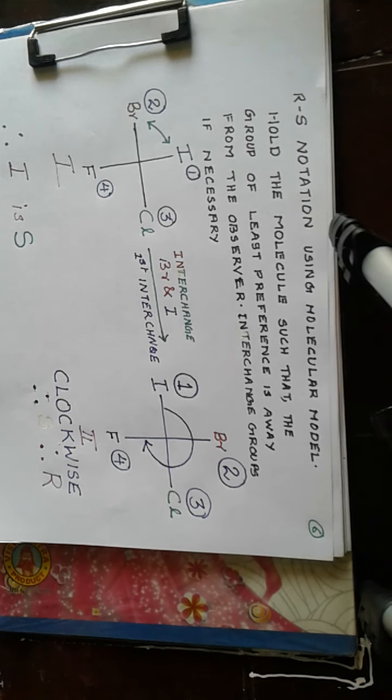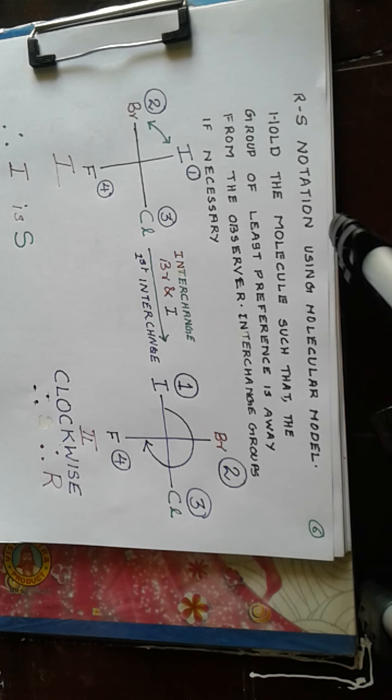Now an odd number of interchanges invert the configuration. Suppose we start from an R molecule and interchange a pair of groups, then the resulting molecule will be S. Suppose we again interchange any two groups, then we get the original configuration.